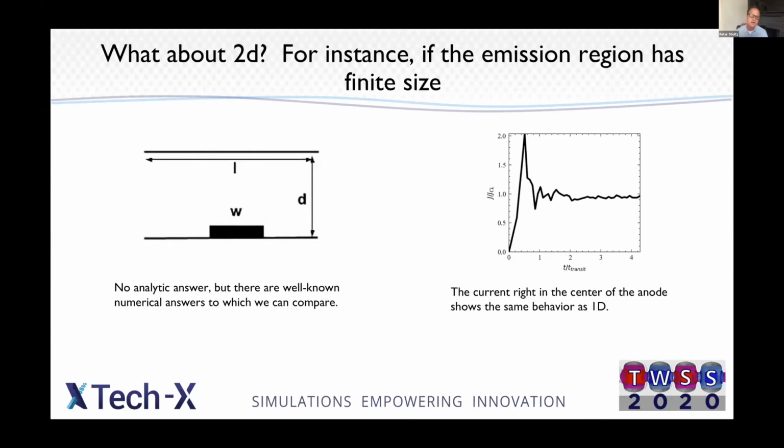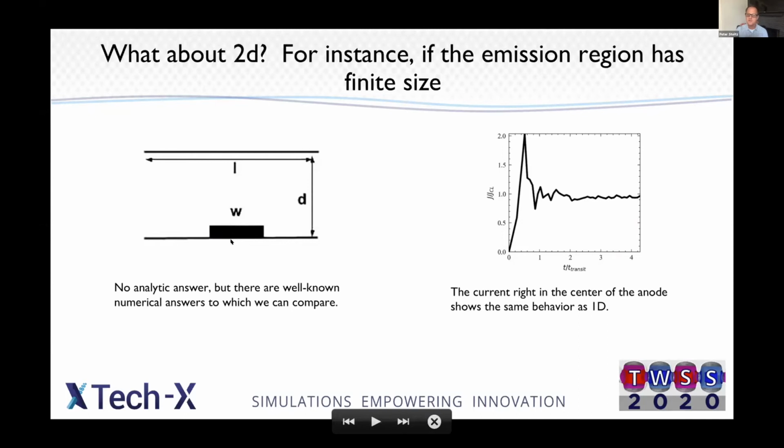But one thing I wanted to check right away in this system is that, if you pick the middle of the emission region and you go cathode to anode, you kind of expect that it's going to behave the same as the 1D case, especially if W is wide enough. You're like, this is far away from the edges. It should really just be 1D if you look straight down the center here.